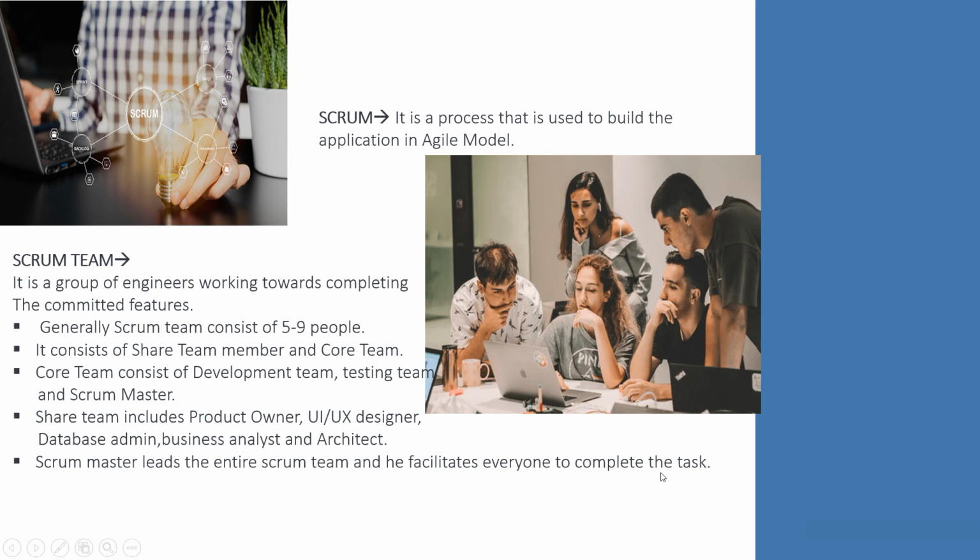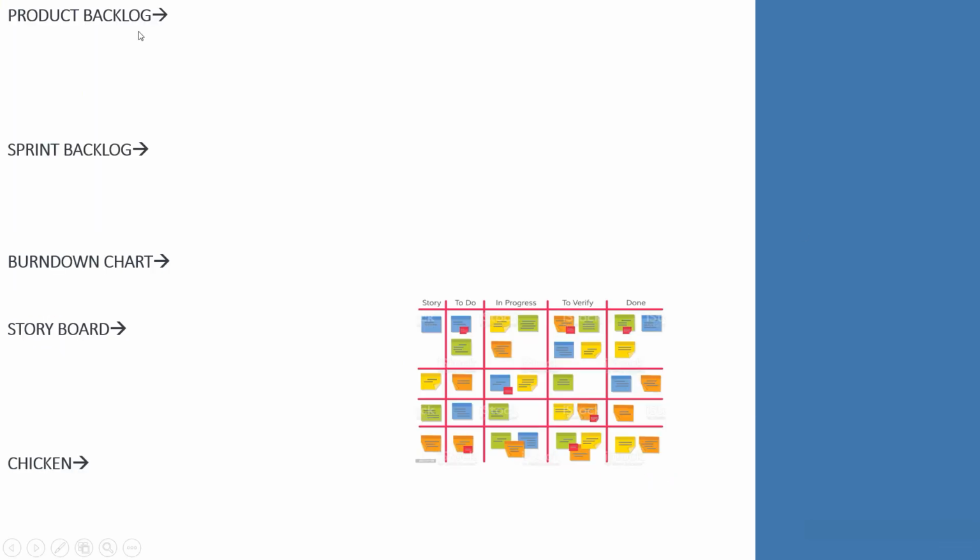Then next comes what is product backlog, what is sprint backlog, what is burn down chart, what is storyboard, and what is chicken. First, product backlog. Product backlog is a prioritized list of stories, like user stories, that is, requirements that must be developed in the complete project.